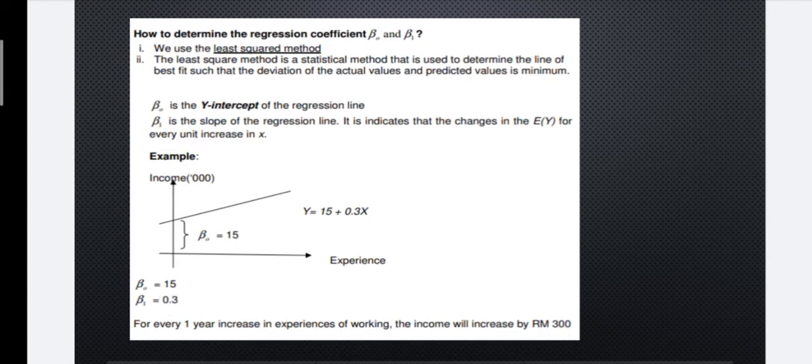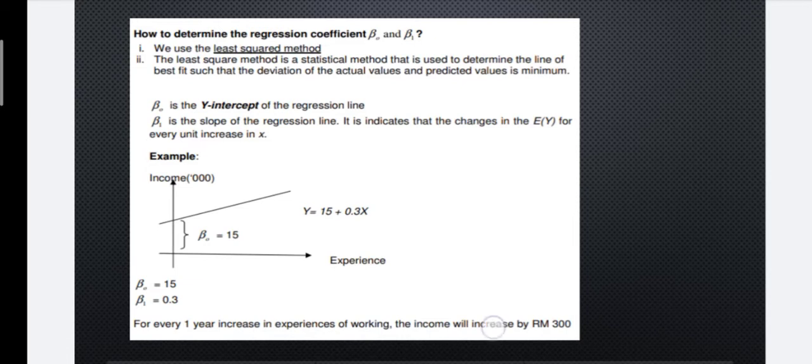Sebab di sini unitnya income adalah 1000. So 0.3 kena multiply by 1000. Okay, remember untuk interpretation of the beta 1 and beta naught ni, interpretation of the parameter, unit kena letak betul-betul. Kat sini unit untuk x adalah year of experience. So kena letak for every 1 year increase in x, the y, income, will increase.